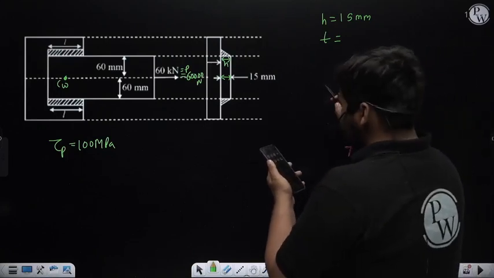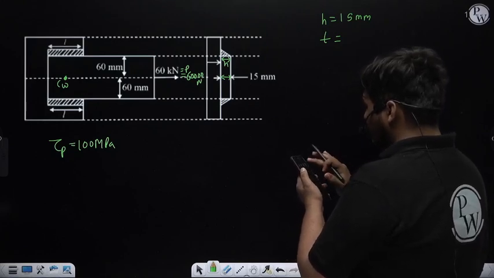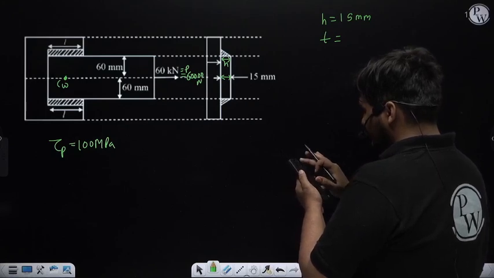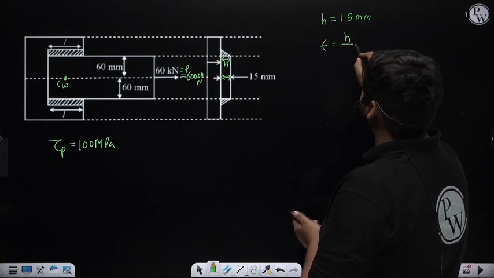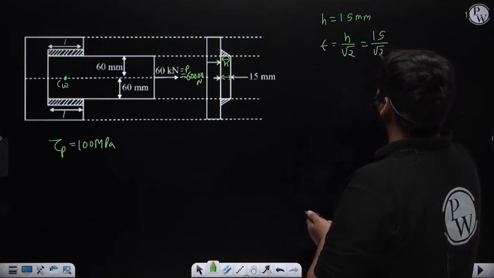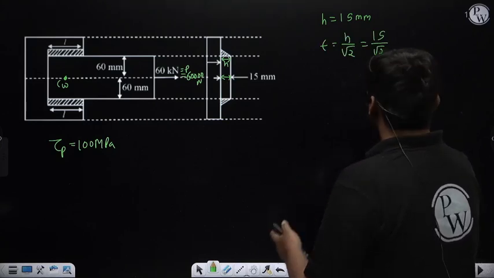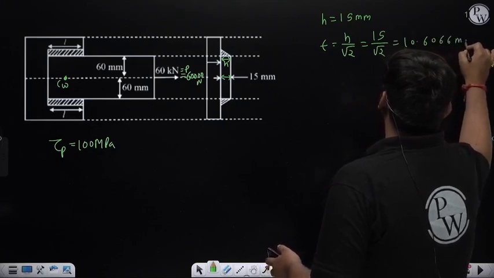Okay, the throat thickness will be equal to H by root 2, and H is 15 mm, so 15 divided by root 2. If you solve this, it comes to 10.6066 mm.